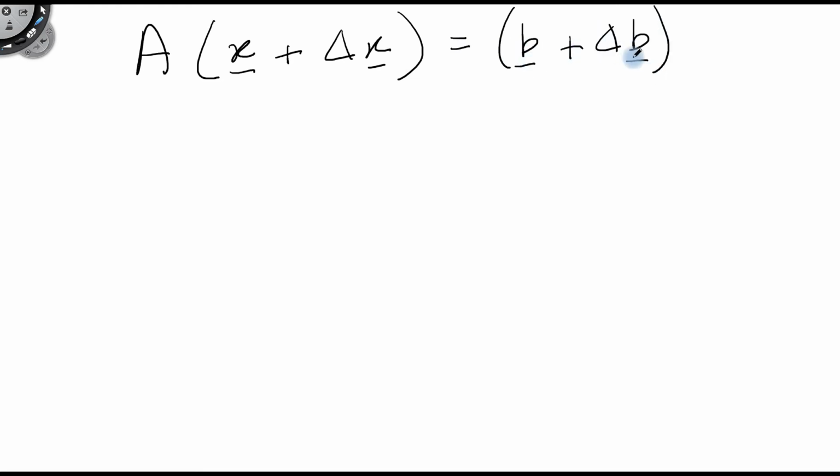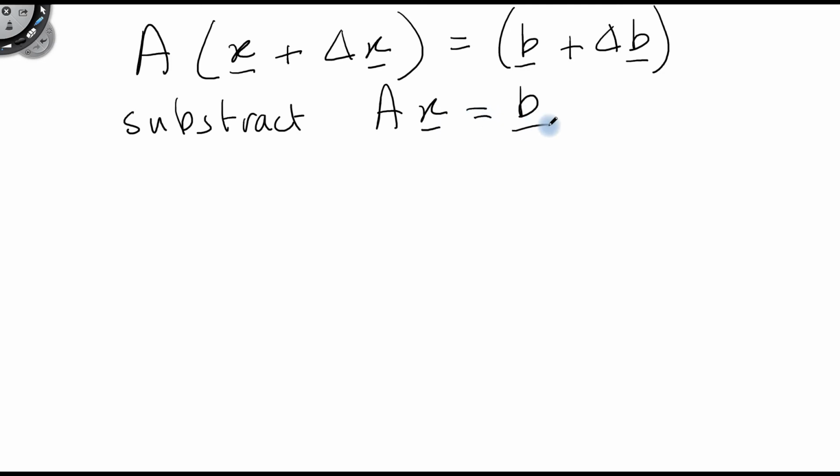That could be due to round-off error in any of the quantities. It could be due to other things as well. All we're going to do is subtract our original equation, Ax = b, and that then gives us an equation for the changes: A delta x equals delta b.